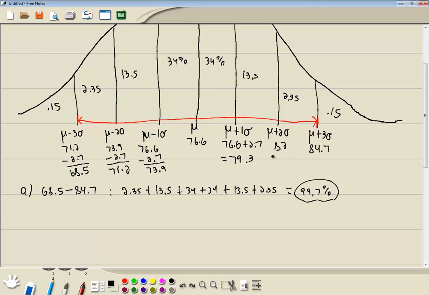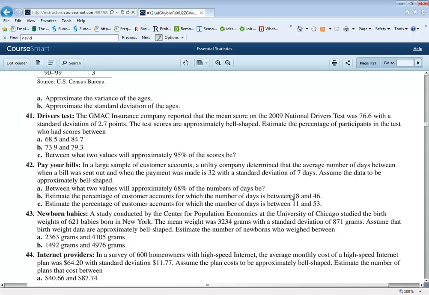What tells me 99.7% is I can't add these that quick. But what I did is I added the 0.15 here and a 0.15 here, which gives me 0.3, and then I subtract that from 100%. So that's where you get that. You could also have added these together.